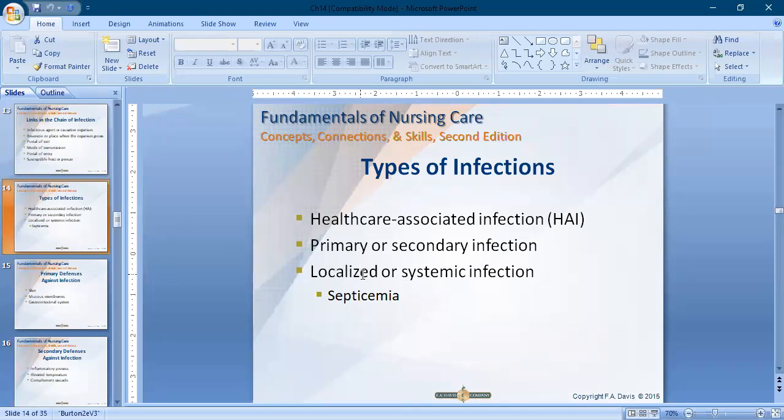Localized means symptoms are in a particular location, like edema, pain, and erythema in a particular area, not transmitted from one part of the body to another through the blood, right?